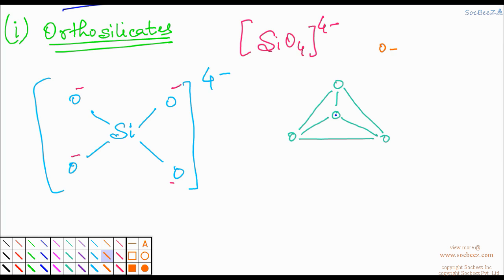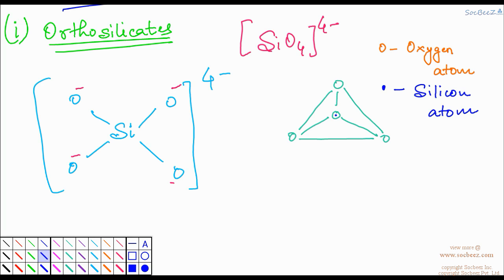Now let me tell you what this symbolizes. The O here symbolizes the oxygen atom, and the dot which I have drawn over here symbolizes the silicon atom. So this structure is used to represent orthosilicates, and further silicates we will represent by following this structure itself.